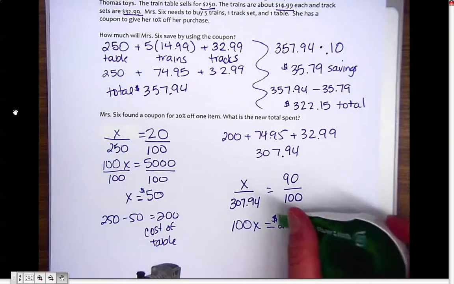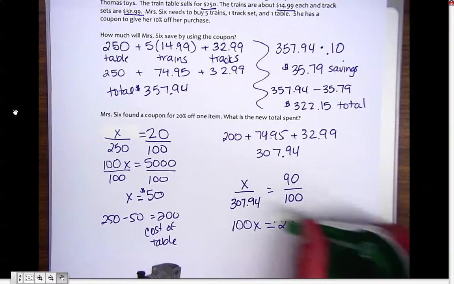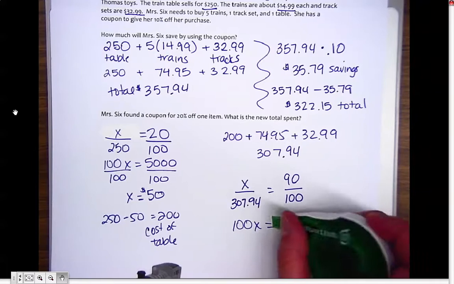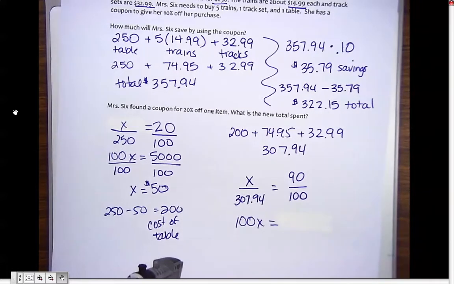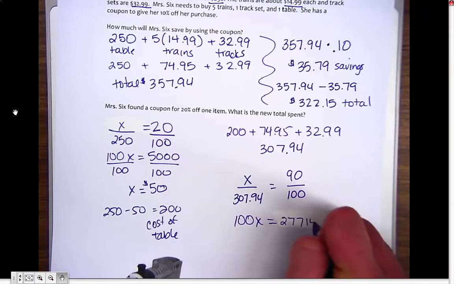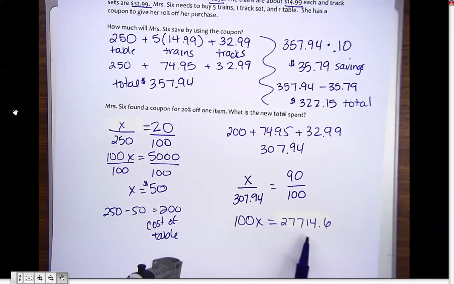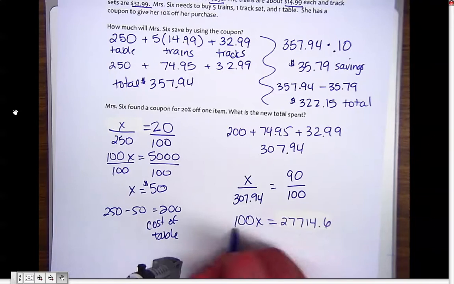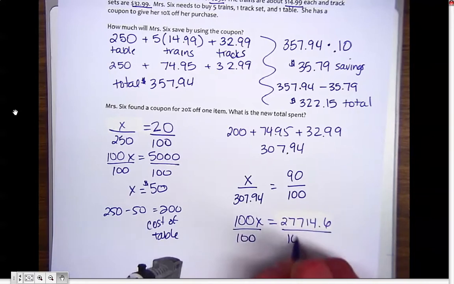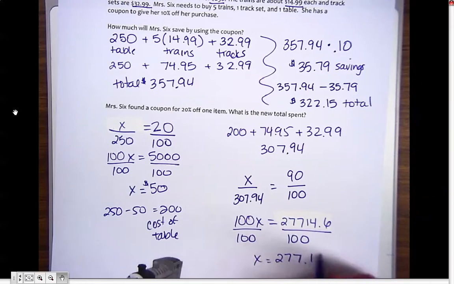No, I did have it right the first time. Sorry. Well, that's what I will be paying. But when I multiply, sorry about that. When I multiply, I get $27,714.60. Whew, let's try that again. Now I divide that by my 100 and I get my $277.15 that I'm going to actually pay.